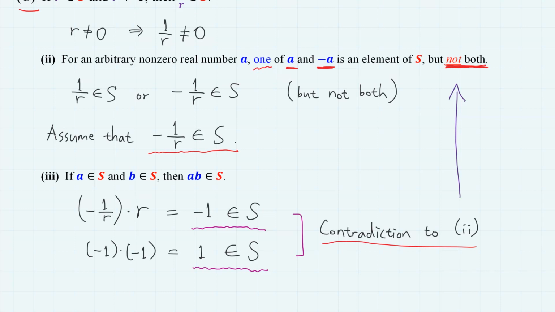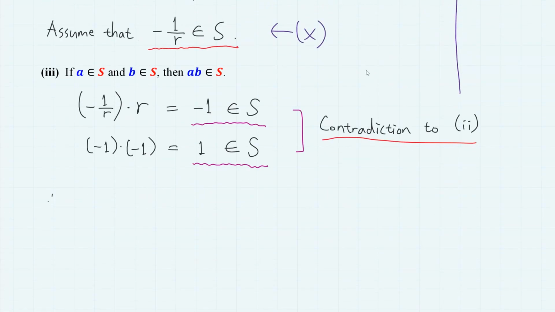Therefore, this assumption must be false, meaning that minus 1 over R does not belong to S.